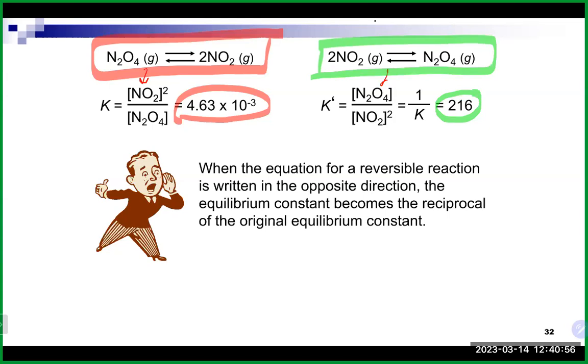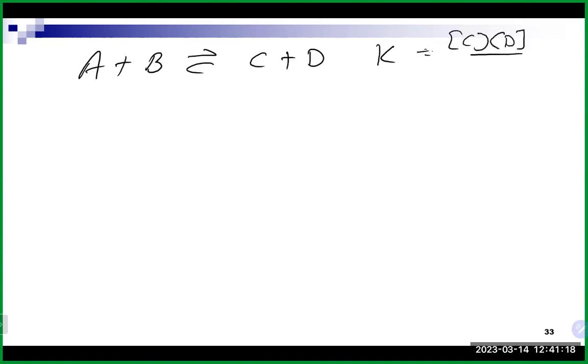A couple other common ways that we sometimes will need to manipulate equations are, for example, if we had an equation like this, A plus B goes to C plus D, and say the K value is like this. If we write the expression here, it would be C times D divided by A times B. Now, let's say we needed not 1 A, but we needed 2.